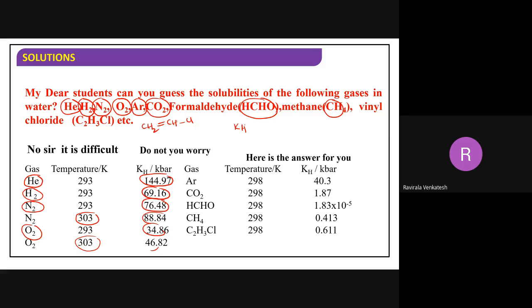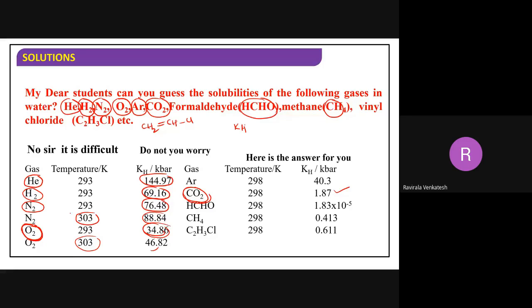Oxygen is a less liquefiable gas. Carbon dioxide is a more liquefiable gas. Easily liquefiable gases like carbon dioxide have very less Henry's law constant, whereas gases that are difficult to liquefy have more Henry's law constant. That is the first statement.